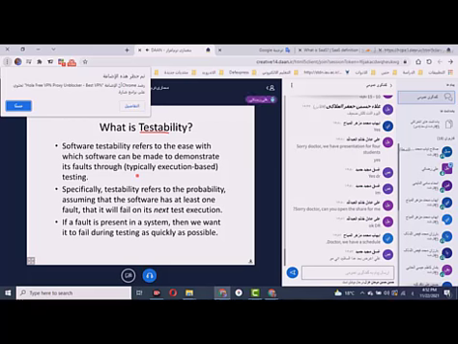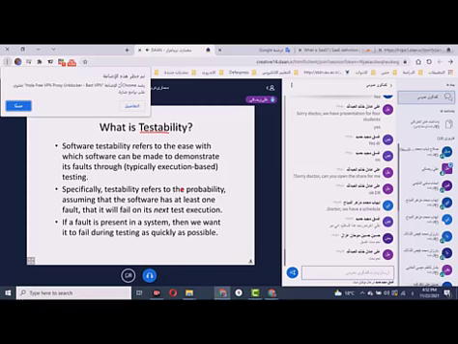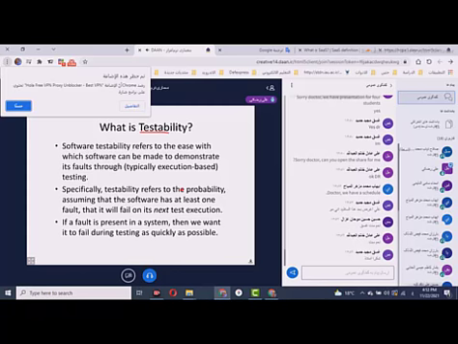So if you test your software, then those faults can be identified. Okay, this is testability. We can say that this is the probability that if our software has some fault, you can find it through the next test cycle. So we need our software to be testable.